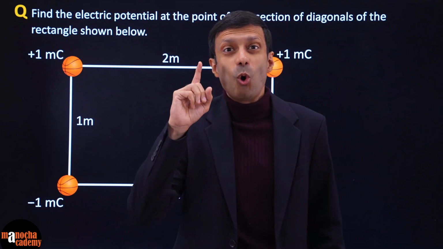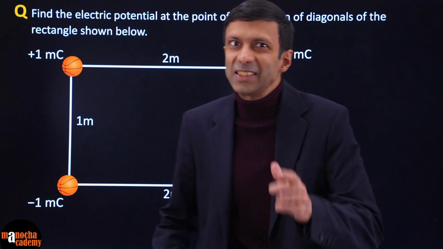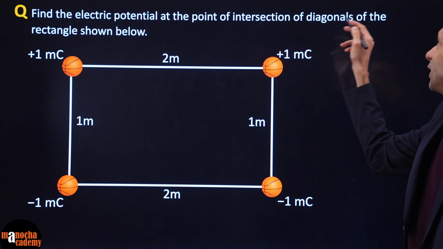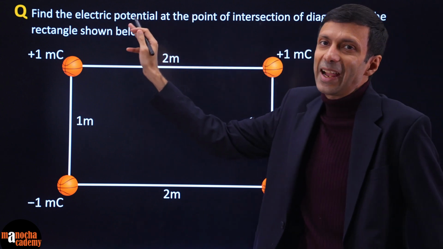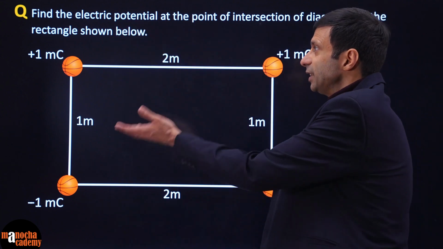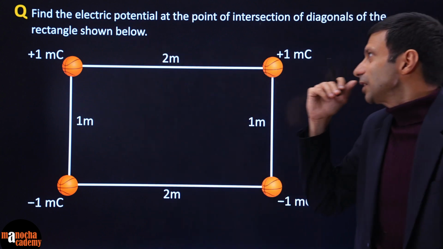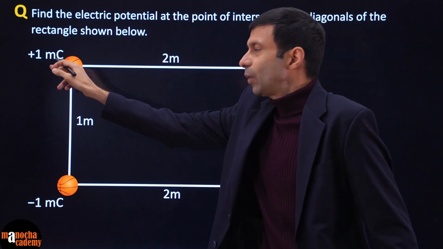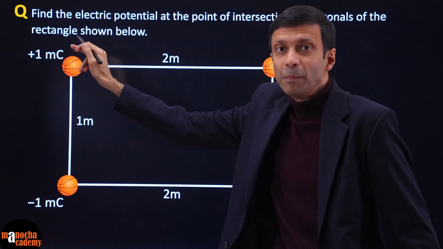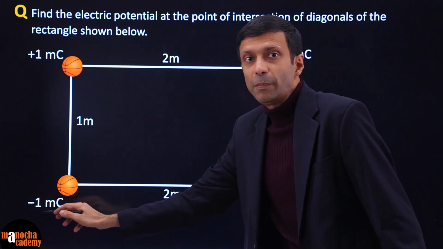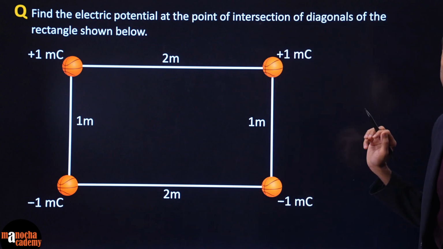And now here's a homework question for you to try. Let's take a look at our question. Find the electric potential at the point of intersection of the diagonals of the rectangle shown below. There you can see a rectangle having my 4 favorite basketballs. This basketball has a charge of +1 mC, millicoulomb, right? This is also +1 millicoulomb. This is -1 millicoulomb and -1 millicoulomb.